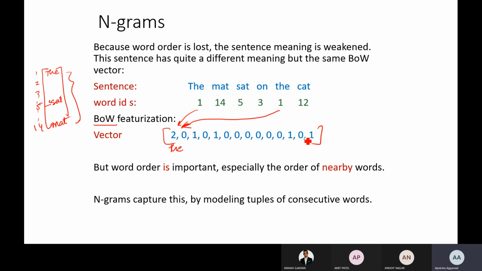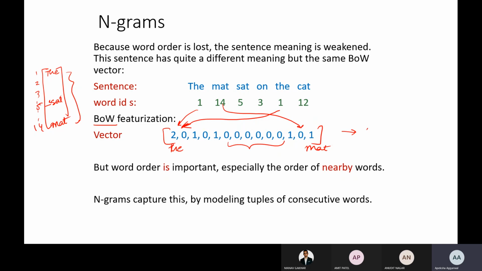The last is mat, so mat is appearing once. The size of each vector is the same: if I have 5 sentences, the first sentence would be represented by this vector, and the second sentence by some other vector of the same size. You can see there are so many zeros over here. So this is bag of words.